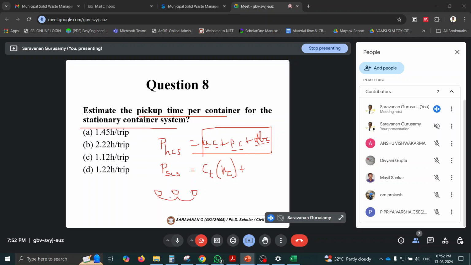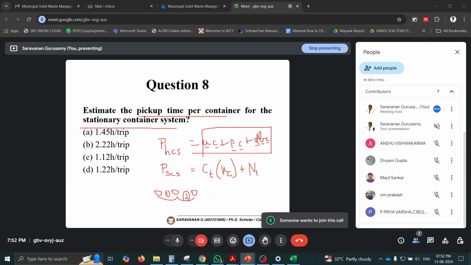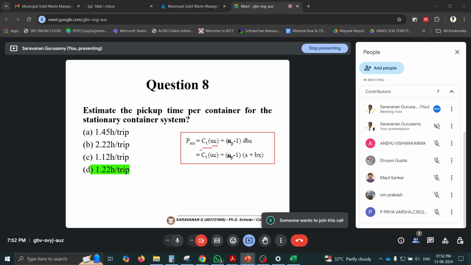Plus, if we are going to 3 locations, then between 1 and 2 we travel a distance, so NP minus 1, number of locations minus 1, into the distance time DBC. That's the formula. If you multiply, you will get the answer.